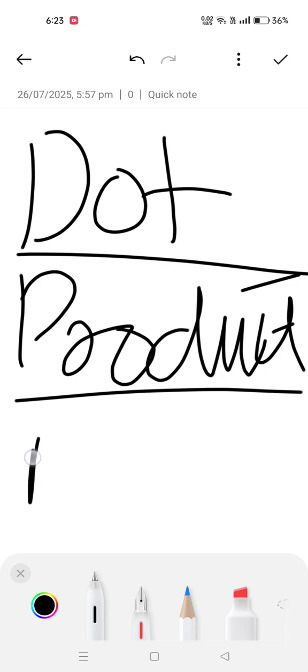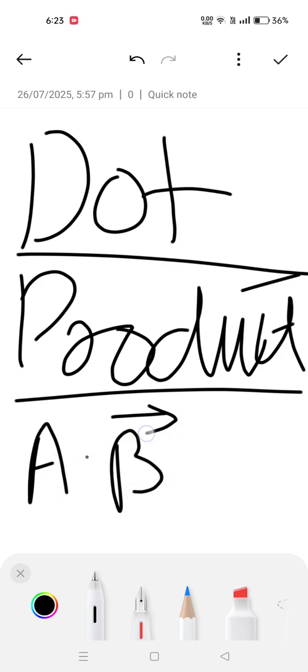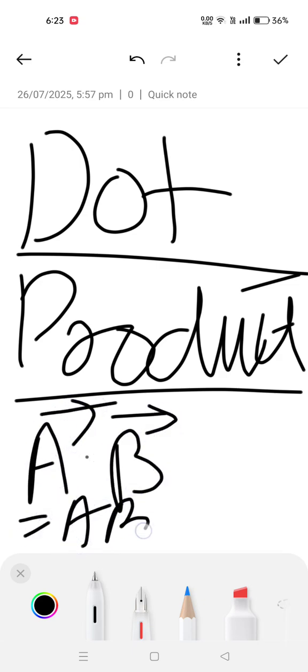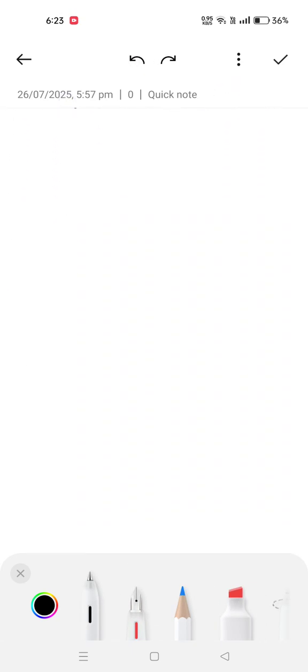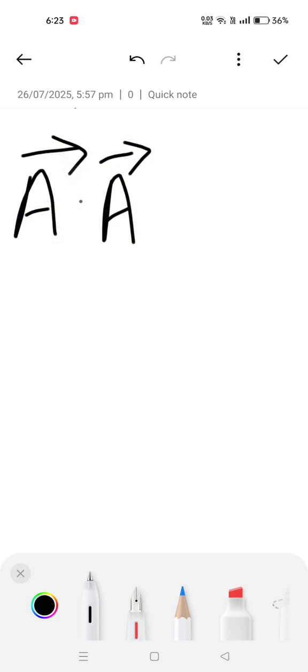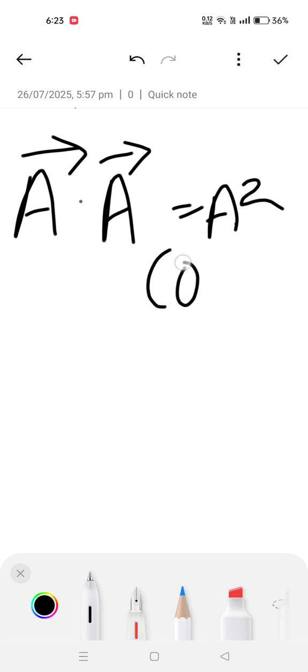A dot B, you might have heard, is equal to ab cos theta, where theta is the angle between both a and b vector. If theta is 90 degree, cos 90 degree is equal to 0, so a dot b is equal to 0. Now a dot a, very important property: a dot a vector is equal to a square when theta is equal to 0 degree, because cos 0 degree is equal to 1.